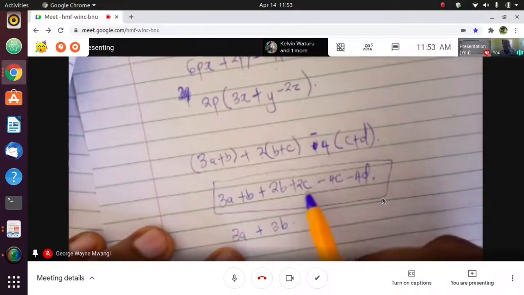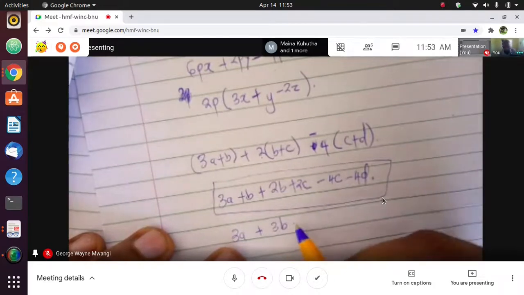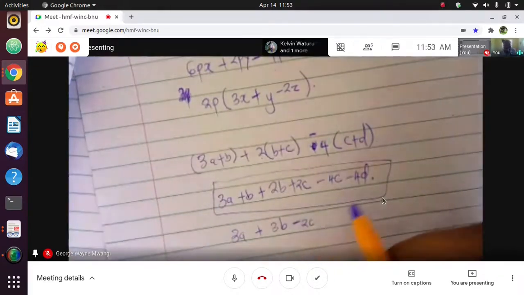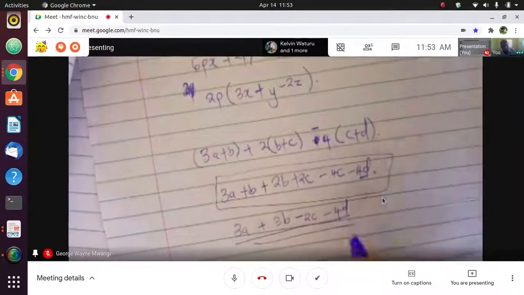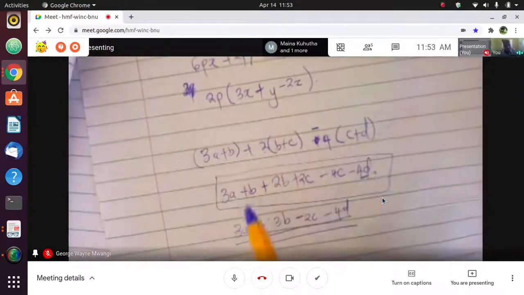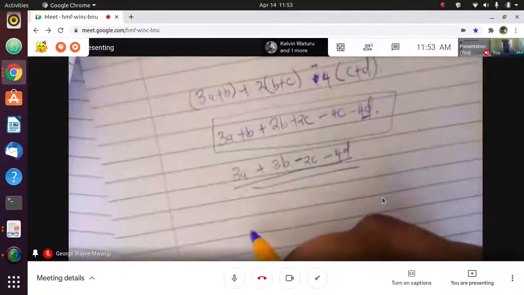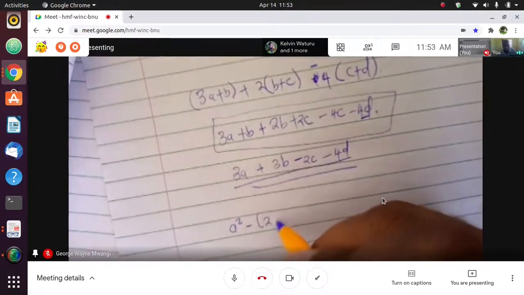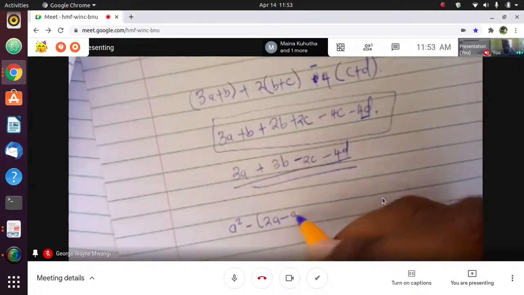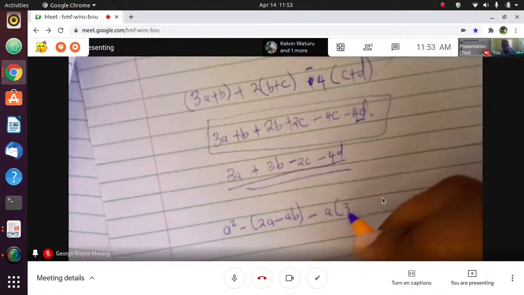C, we have plus 2c minus 4c. Unapata ngapi? Minus 2c. And then we have d, minus 4d. And that is a simplified version of this expression up here. Sawa minus. Yeah. Jaribu hii hapa, a squared minus 2a plus minus a 3b plus a.